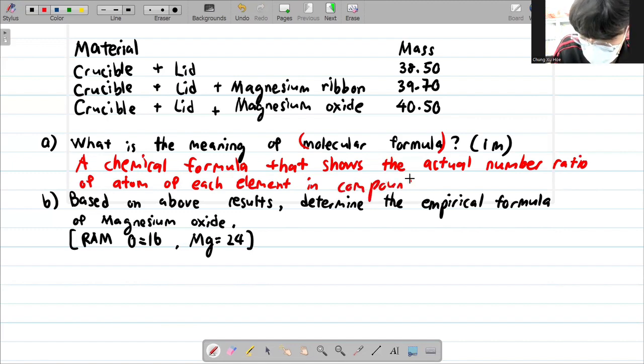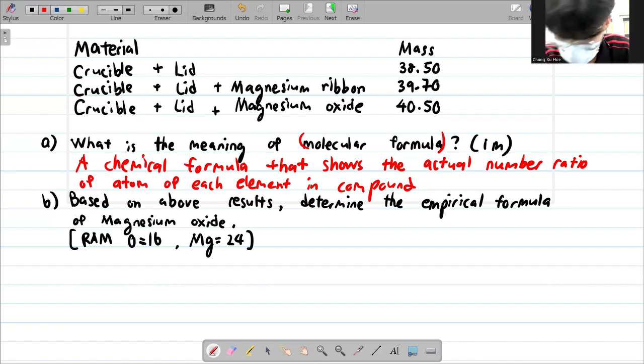This one is 1 mark. Some of my friends, during my experience, they just ignore it because it's 1 mark. But for me, I don't let go of this 1 mark because it's really easy to get. The moment you understand the definition, the 1 mark is not a problem, and the definition itself tells you what it means.